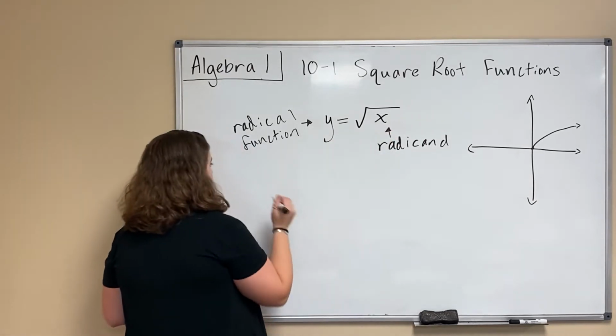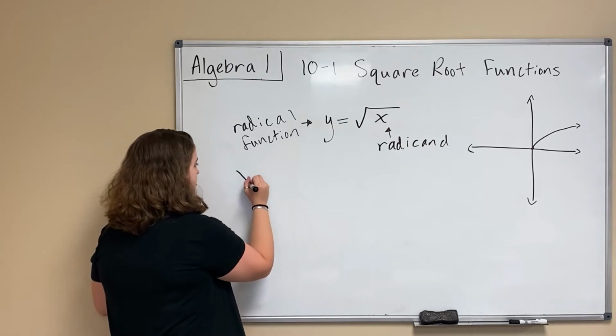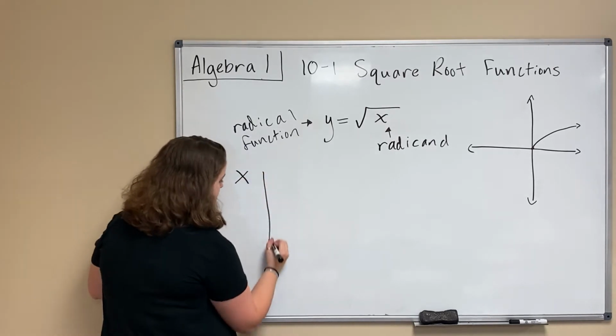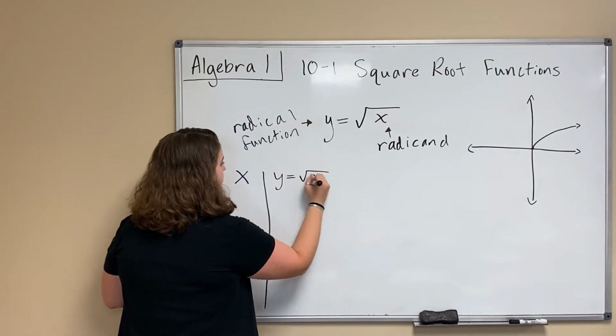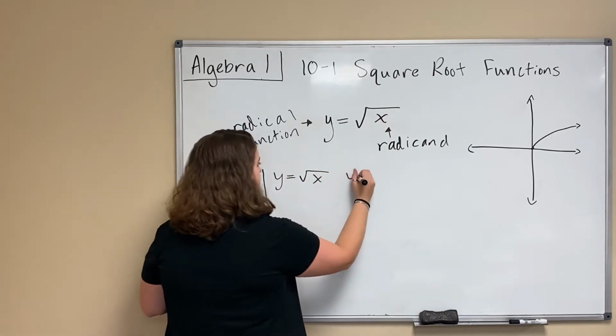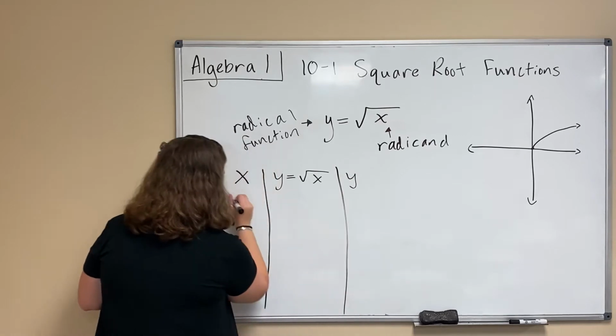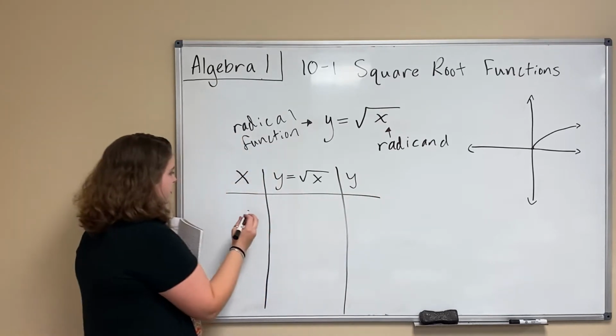Y equals the square root of x. So I'm going to make my table. X, y equals the square root of x, and y. All right.